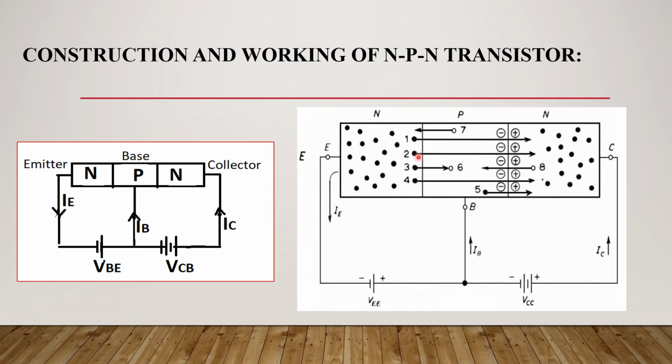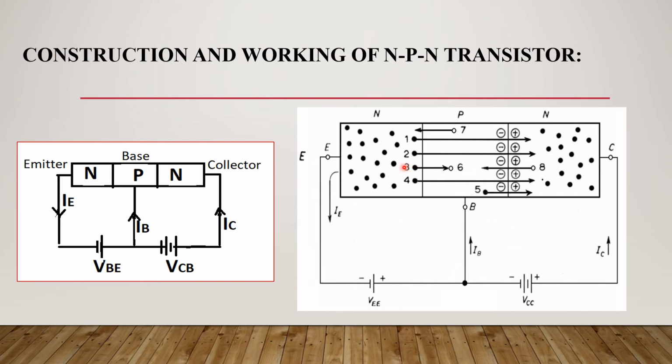See, 1, 2, then 4, they are directly moving towards the collector region and they are not recombining in this base, isn't it?